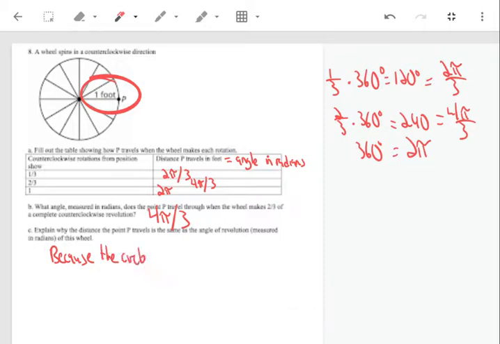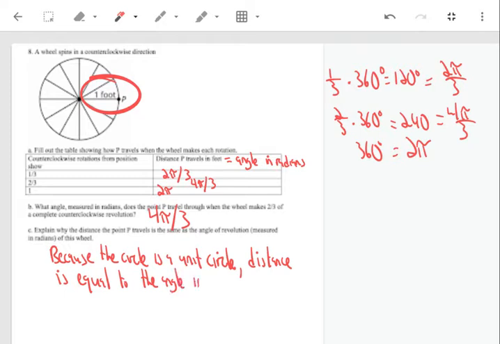Because the circle is a unit circle, distance is equal to the angle in radians.